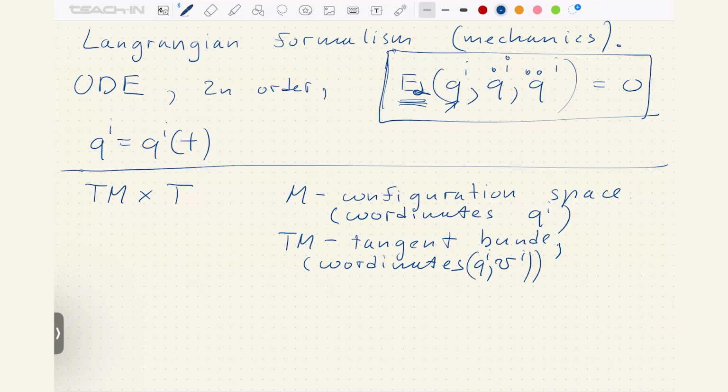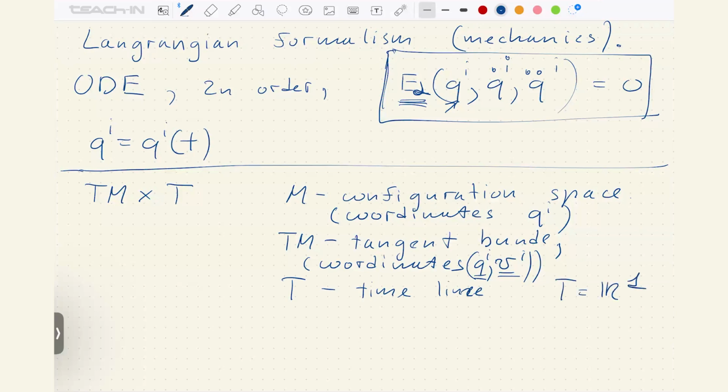So what is the tangent bundle? Points of the tangent bundle are pairs: a point of the base plus a tangent vector there. So these v^i are just components of a tangent vector, right? And q^i are coordinates of the point on M which we are talking about. And T is the timeline. For simplicity, well, not even for simplicity, we just take T equal R^1.